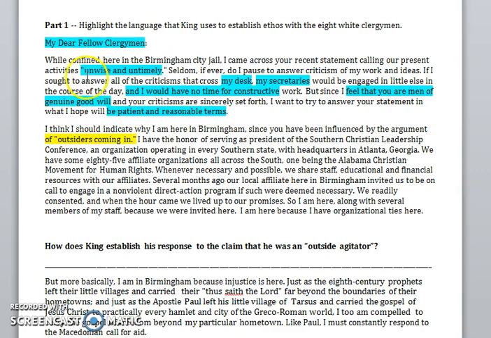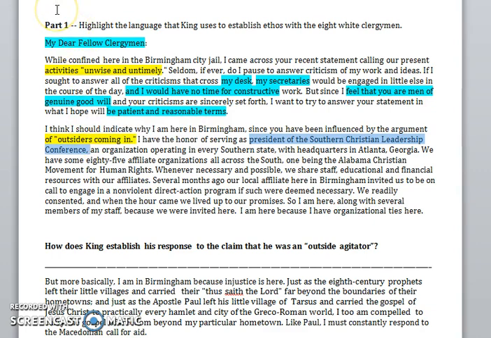Just like this one up here is from their letter, unwise and untimely, outsiders coming in. He says, I have the honor of serving as the president of the Southern Christian Leadership Conference. So here he's establishing more ethos, more credibility. He is the leader, the president of this conference.